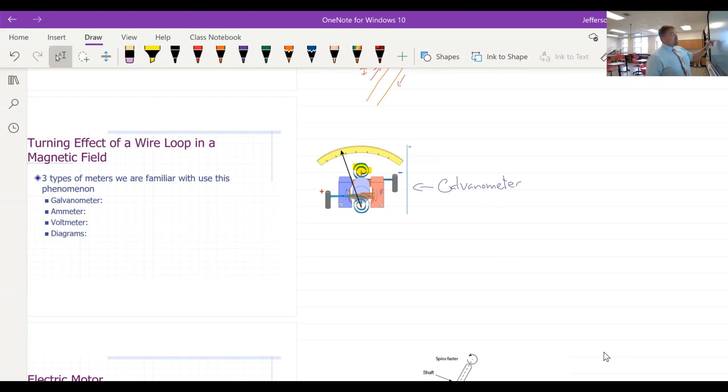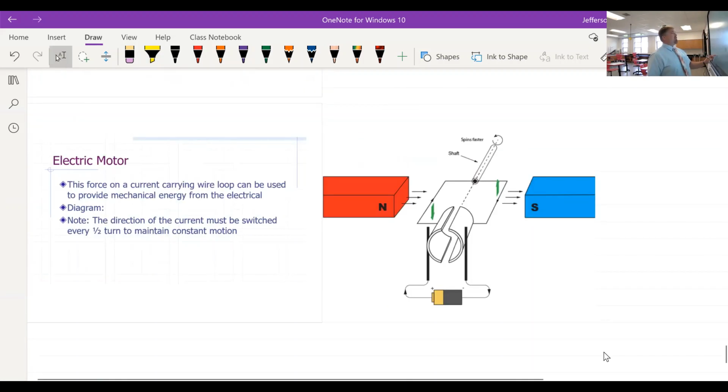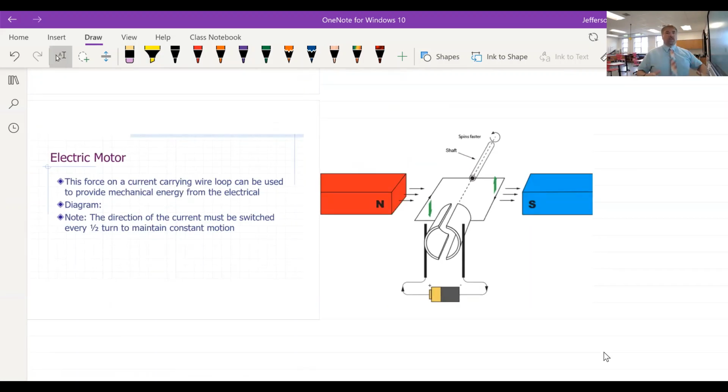The last thing we want to look at is an electric motor, because the electric motor culminates this whole thing with this turning effect of a wire loop inside a magnetic field that exerts a force. What you have here is if you are running current through this, you're going to cause a force on this side to push down, a force on this side to push up, and that's going to cause that thing to turn.